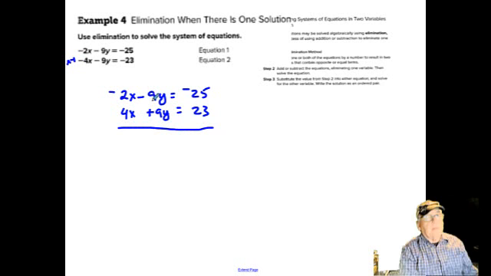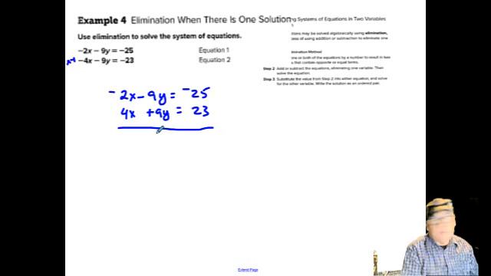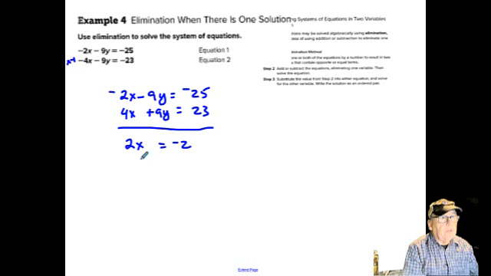Now these are set up so that if I add these two together, the y's are going to cancel out. A negative 2x with a positive 4x gives me a 2x. And a negative 25 with a 23 gives me a negative 2. Divide both sides by 2. So x is a negative 1.